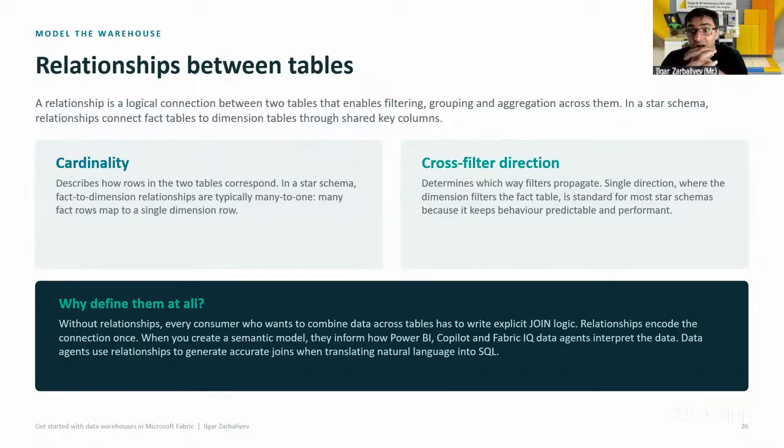If the relationships are missing or wrong, the agent guesses, and a confident wrong answer is worse than no answer. Most data warehouses use dimensional modeling for exactly this reason. Relationships shape the star schema, and the star schema is the ideal model for analytics.